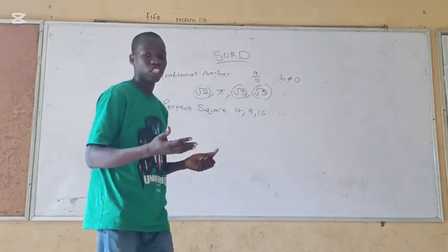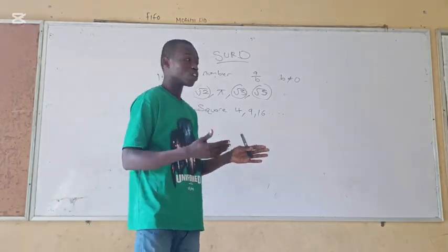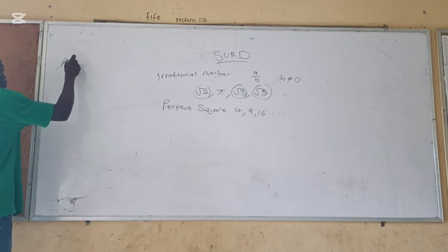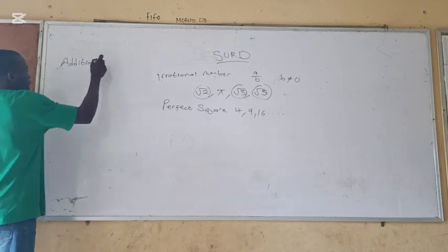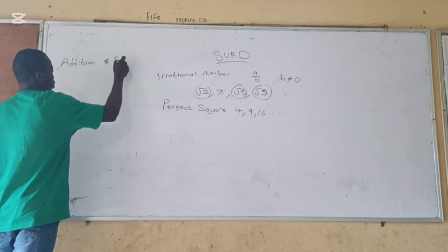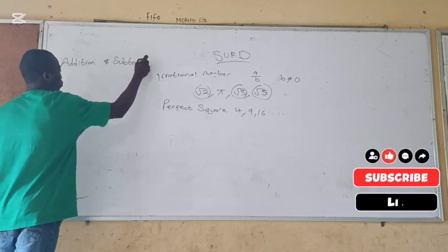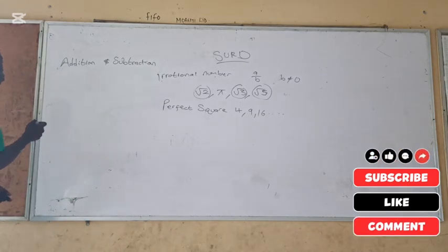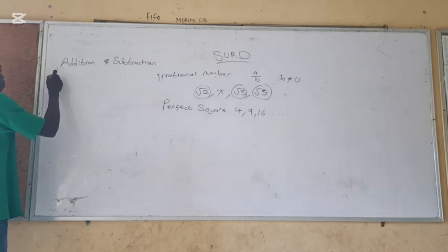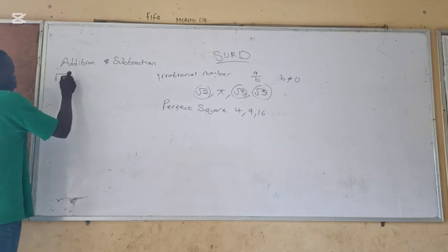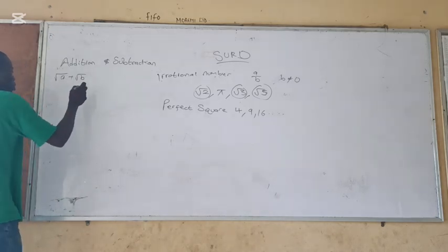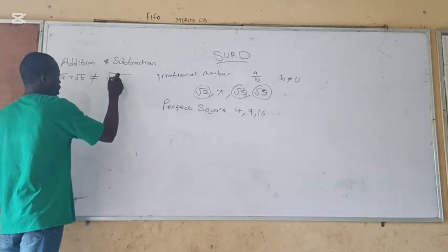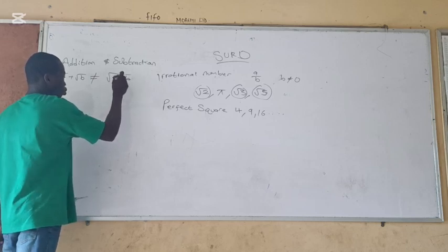Now let's move to the basic rules of the operation of surd, starting with addition and subtraction. In addition, the rule states that root a plus root b is not equal to root of a plus b.